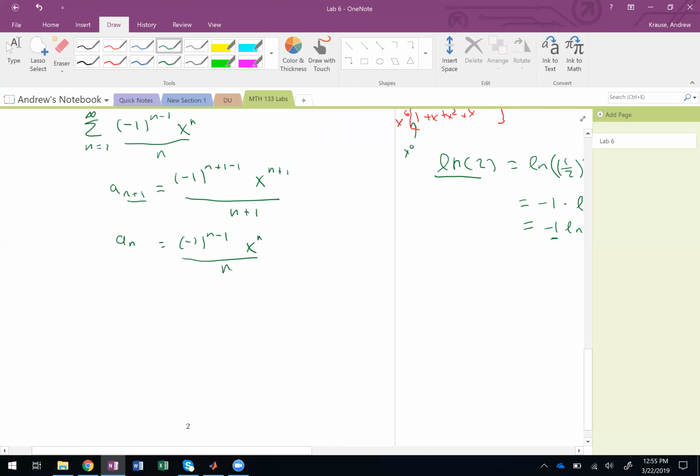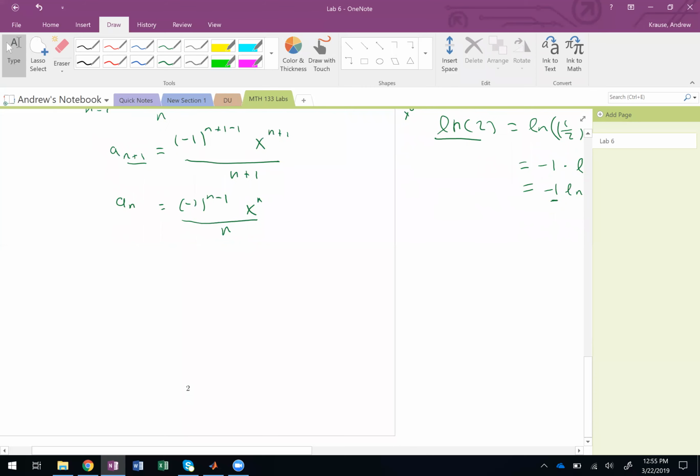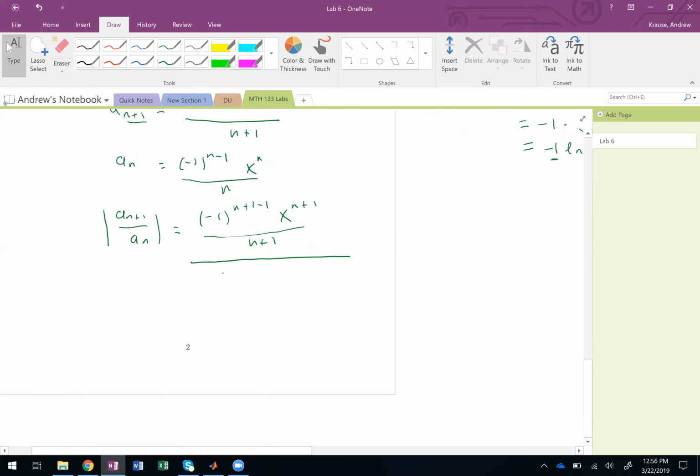And the ratio test says I should take the ratio of these terms. So I say the absolute value of a_(n+1) over a_n is equal to, so I just stick these two over each other, and then I draw a big line for this fraction.